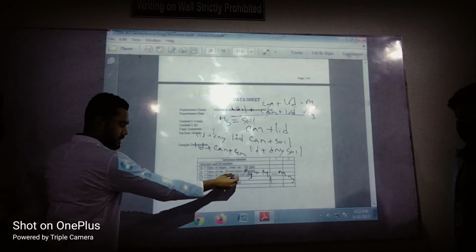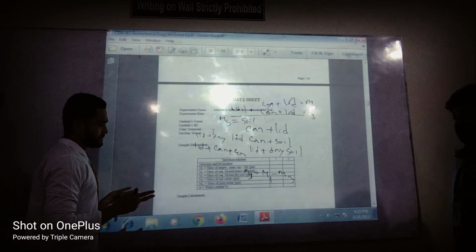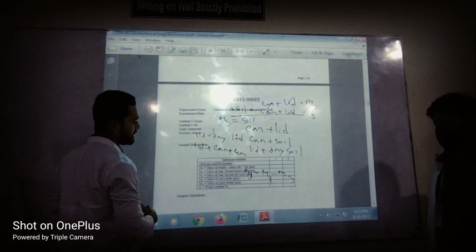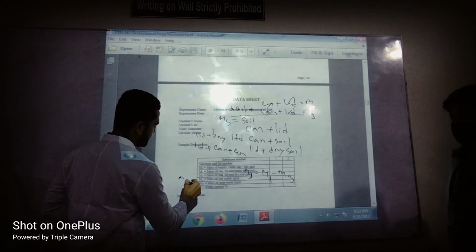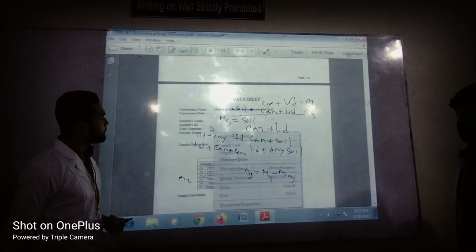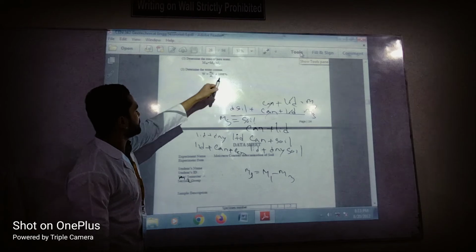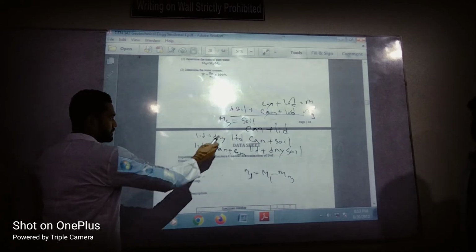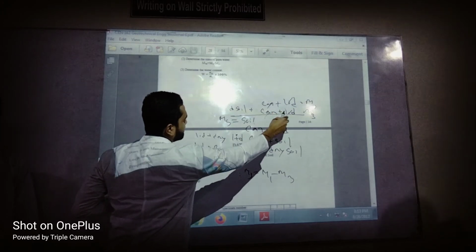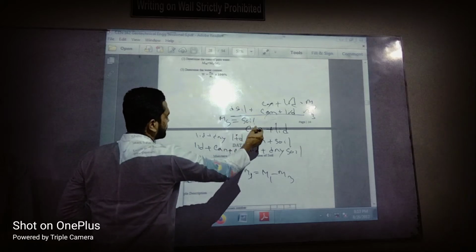Moisture, dry soil, after dry soil and moisture difference, we find how much water this soil has, M2 minus M3. That's fine. Mw divided by Ms into 100%. First of all, we will maintain the equation: can plus lid, divided by Ms, is equal to soil.